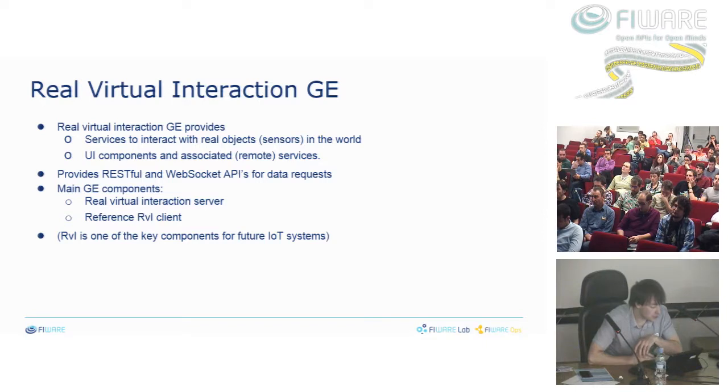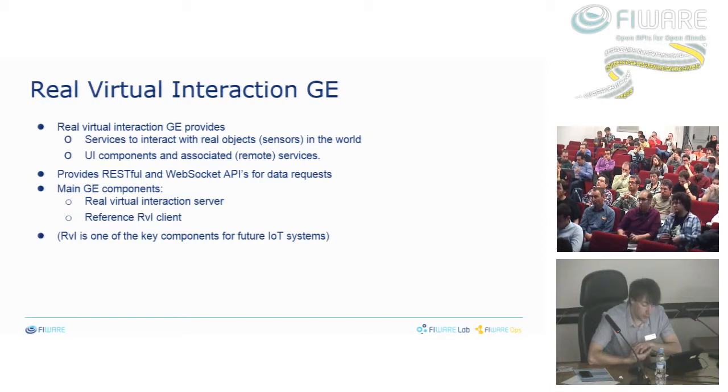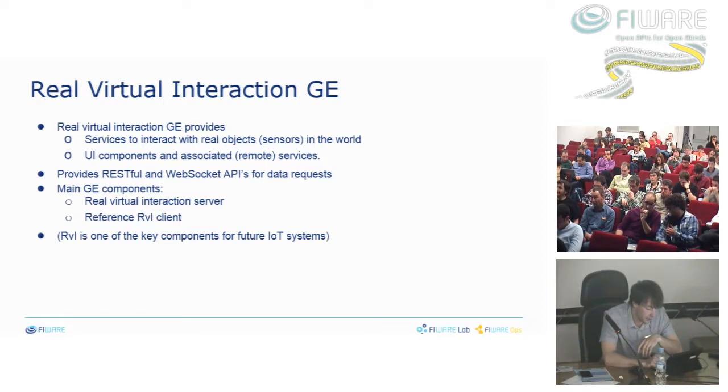The Real Virtual Interaction GE provides means for connecting real-world devices consisting of sensors and actuators to augment applications. Since the real-world sensors and actors are not complex enough to contain the necessary logic to publish themselves outside their immediate domain, there needs to be an external service that is able to access these devices.